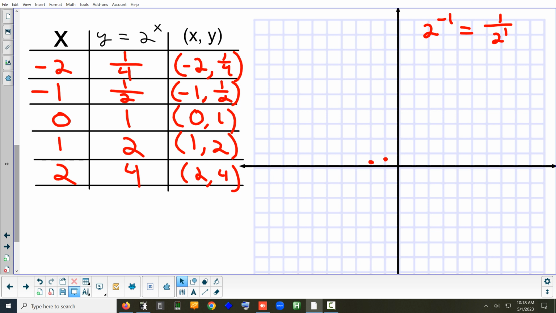Anaya, what's the next one? 0, 1. Yep. And how would you graph 0, 1? At the 0, and then you go up 1. Yep. So far it doesn't really look like much is happening. When we start to get after the y-axis, that's when you're going to start seeing it curve.